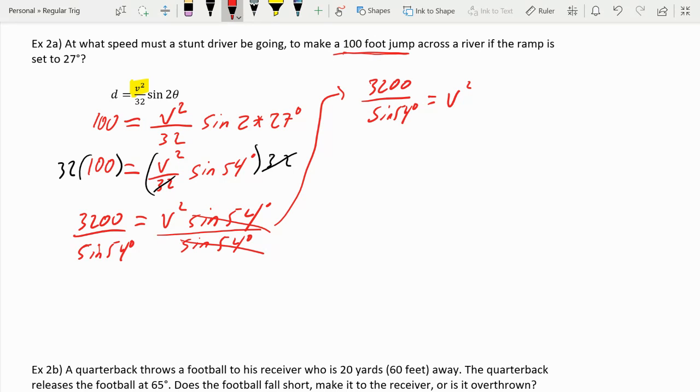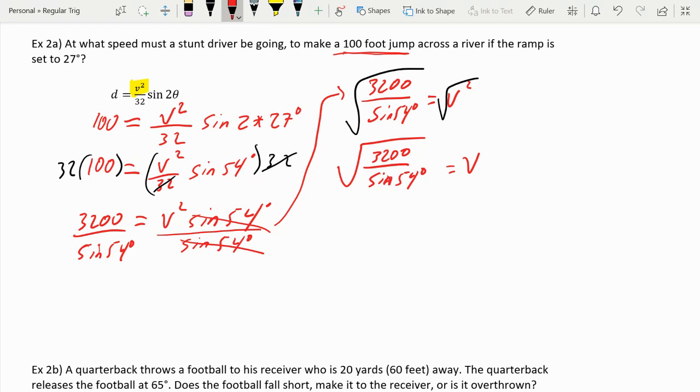Now, how do I get v by itself? I take the square root of both sides. I need to get rid of that squared. So I have v is equal to the square root of 3200 over the sine of 54 degrees.